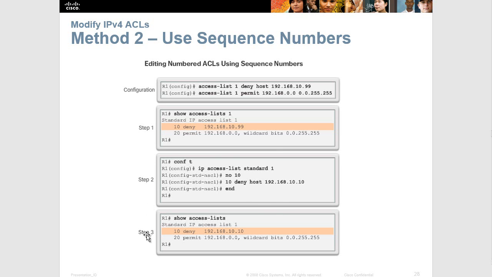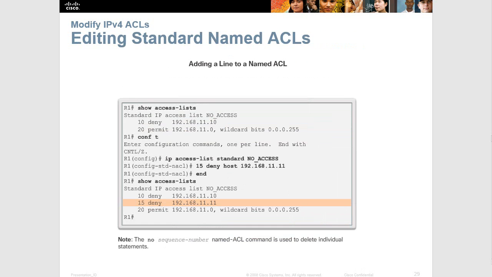All right, so we have that there. Then if we go to show access list again, you'll see your new entry there. So you can remove that numbered list. Alright, so also if you wanted to make another entry between those two, you can see they give you some room between 10 and 20. Hopefully you don't need to make 9 edits in between them, or more than 9, because, well, it's going to be tough.